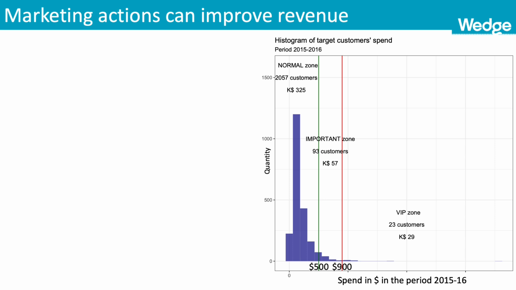In the report accompanying this analysis, you can find the list of the first 250 customers to be contacted. The red line is the $900 spend and represents almost the 99th quantile. The green line represents $500 spent and is almost the 95th quantile.